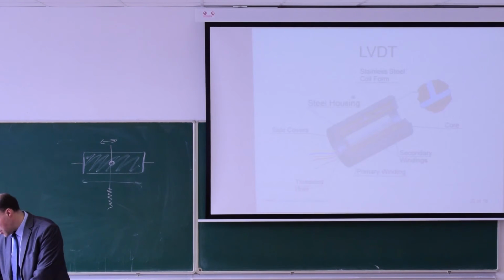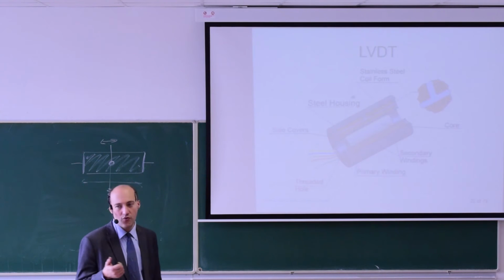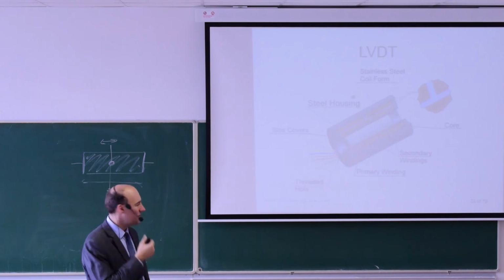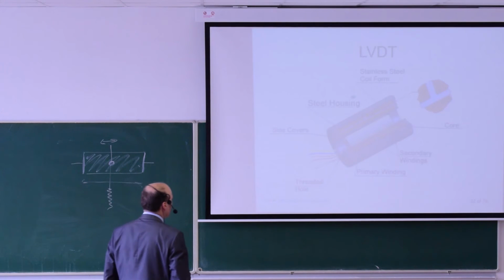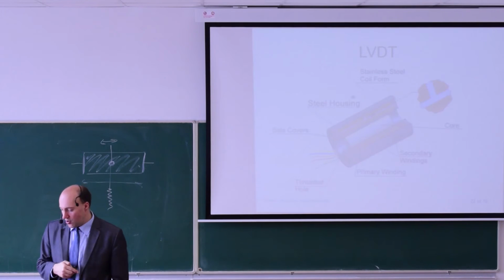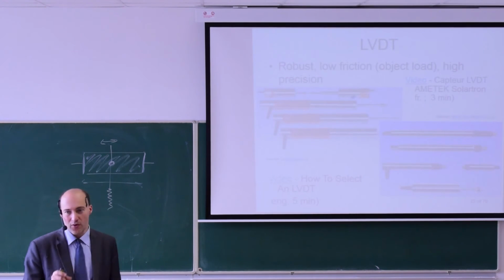Now about the construction, I have already told you that there is one moving part. So this is the core, and there are 3 windings. The primary winding is along the whole length of the sensor, and then we have 2 secondary windings. The LVDT sensor is very robust, and it's also very accurate.